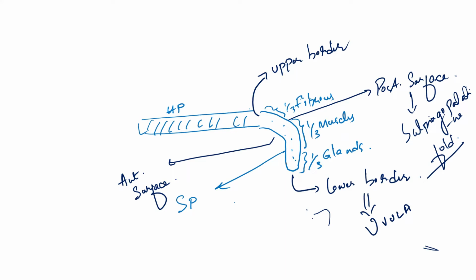So this is about the presenting features or presenting parts of the soft palate. The lower border, as I have told, makes up the free conical projection called the uvula.